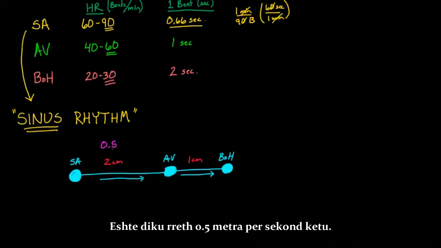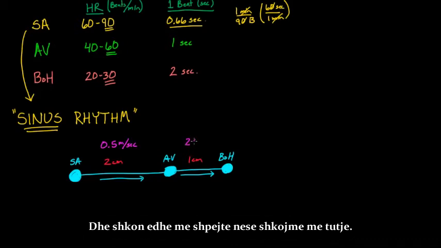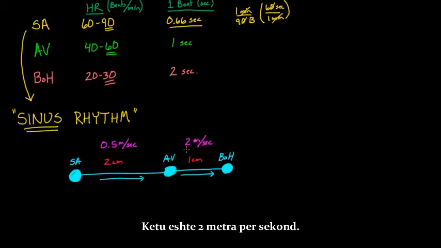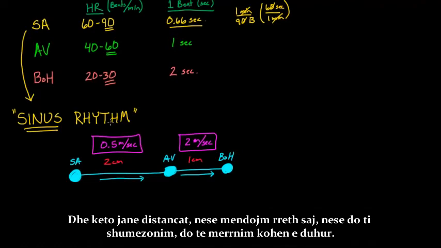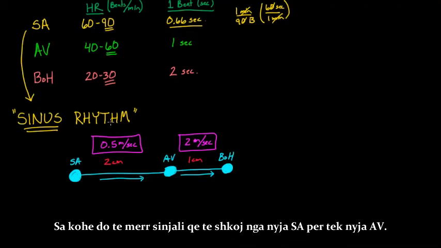So it's about 0.5 meters per second up here, and it gets even faster as you get along further. So it's about 2 meters per second here. So these are the velocities of the signal, how fast the electrical conduction system is actually sending along that signal. And those are the distances. So if you just multiply them, you should be able to get a time, how long it will take a signal to get from the SA to the AV node.